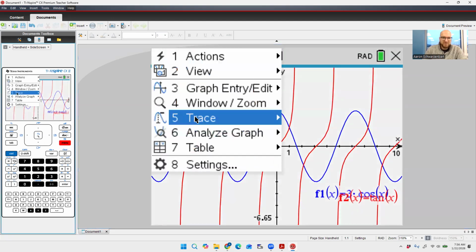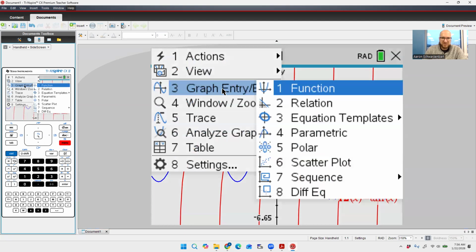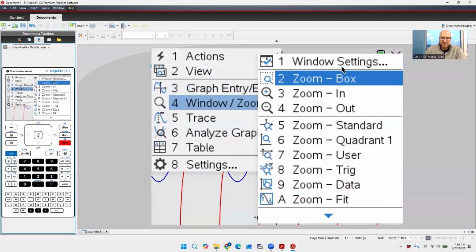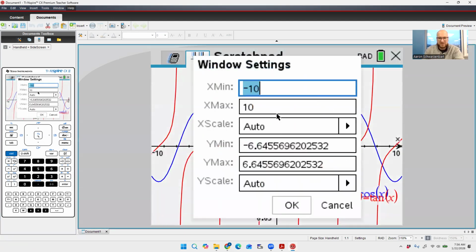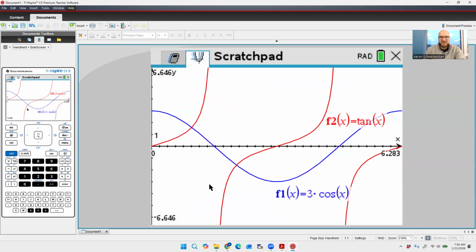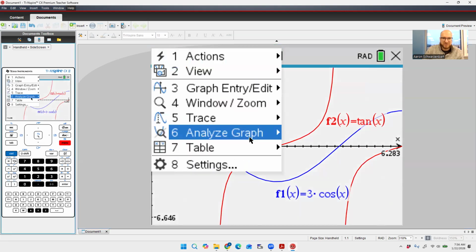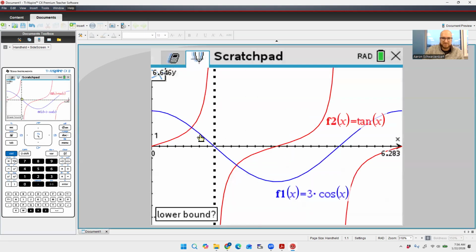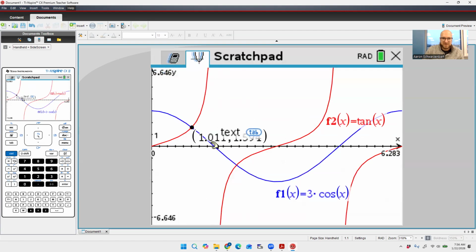Now, because it gave me an interval, I'm going to set my window, my x-min to be that. My maximum x was 2 pi. And solutions are simply where does it intersect? So I've got 1.011.